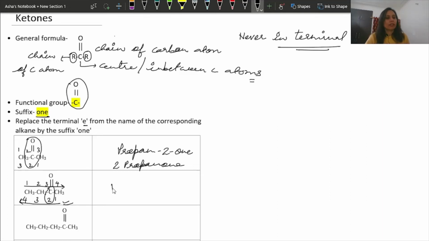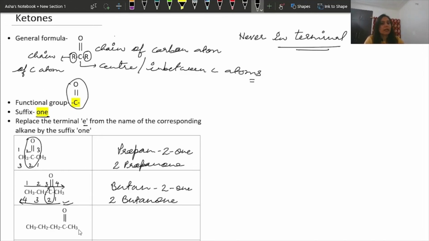So you will be writing but, the root word for 4 carbons. This is an alkane, so you will be writing an, then the position number 2, and then one, or you can simply write 2-butanone. The number 2 is telling the position of the ketone group.